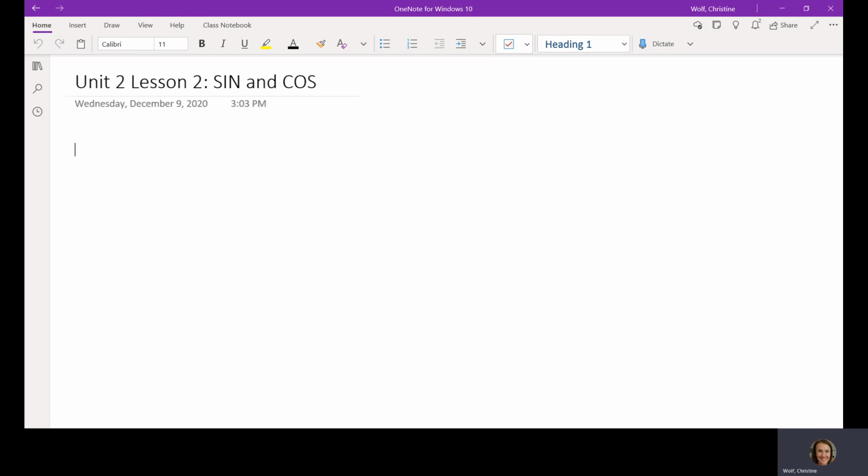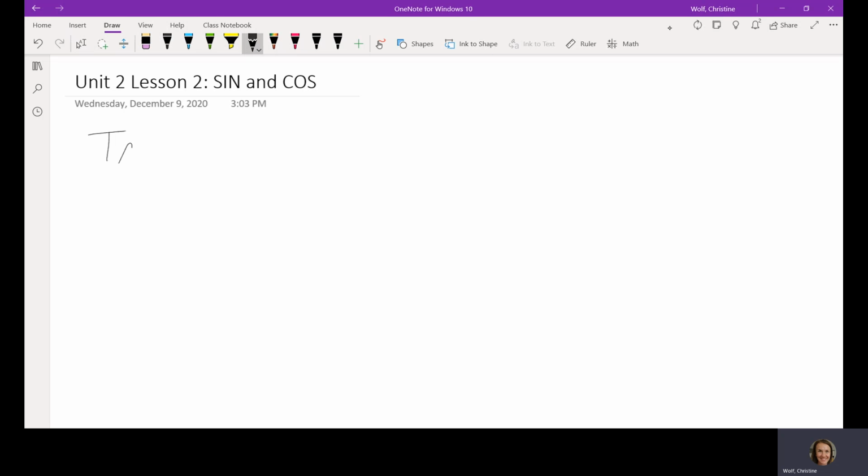Just to refresh your memory, if we're talking about tan of a given angle, I'll call it angle A for today, we're going to create a fraction or a ratio. On top of the fraction, we're going to put the side that's opposite to that angle.